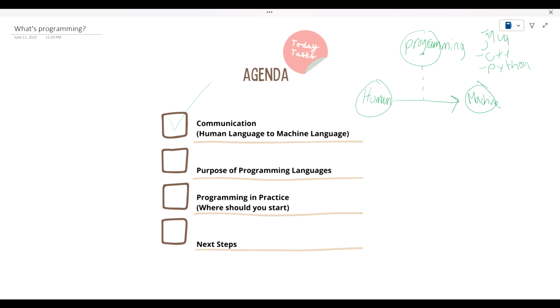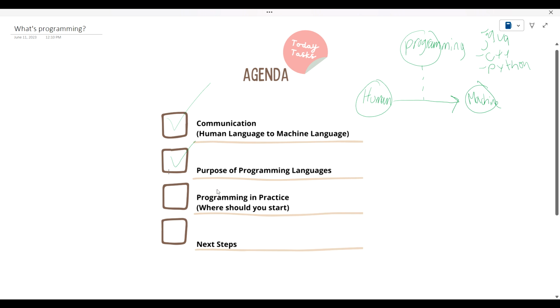So the purpose is to link to the machine so that the machine can do what we want it to do. We will only be able to solve problems with machines by communicating with them through programming languages. So the purpose is to be able to solve complex problems.